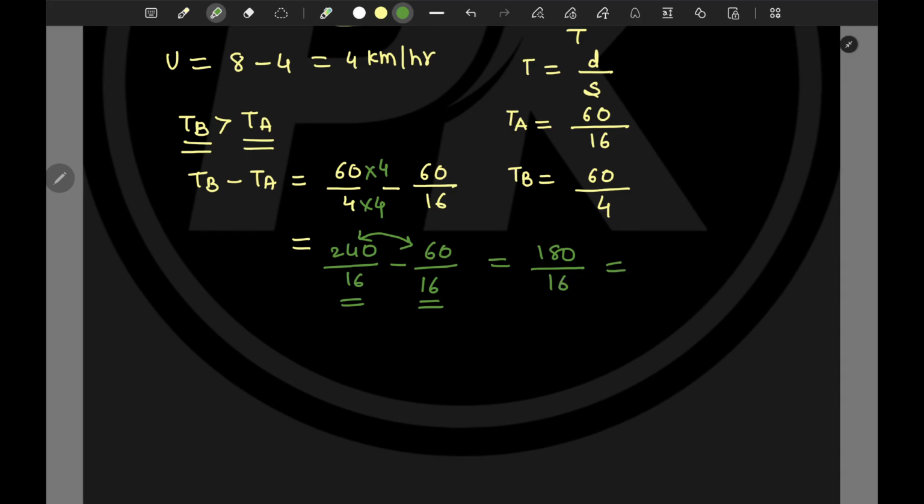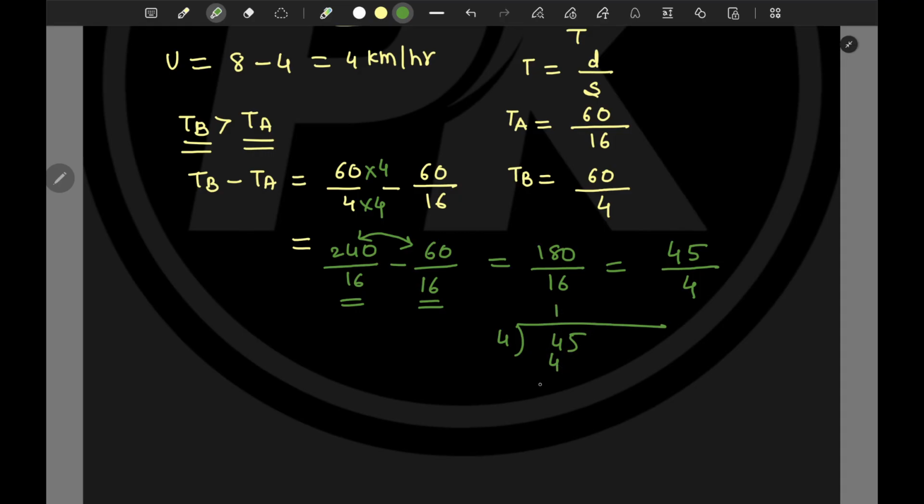Now let's try to simplify. I can divide it by 4. So 4 4s are 16 and 4 5s are 20 and 4 4s are 16. So the answer will be 45 divided by 4.